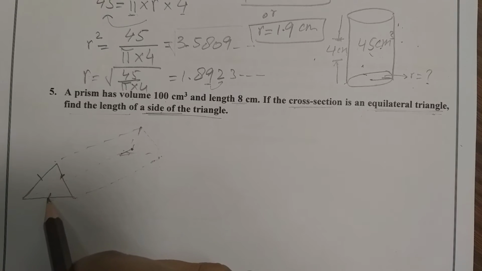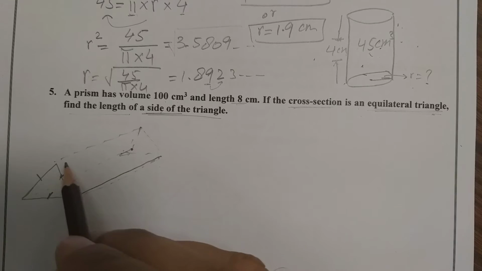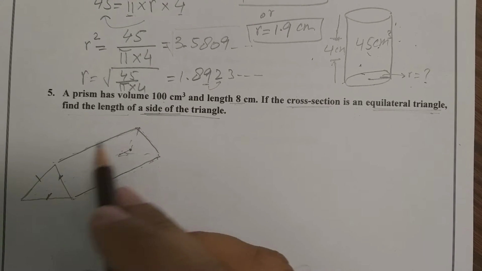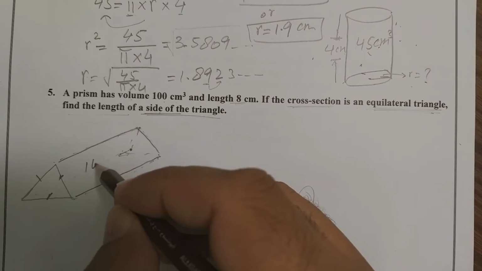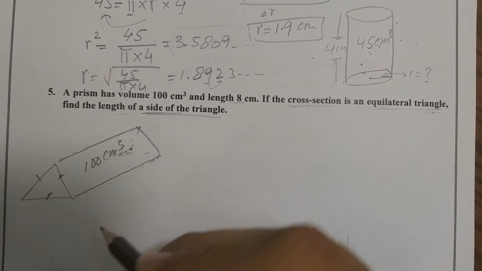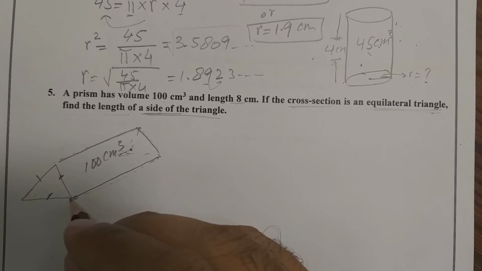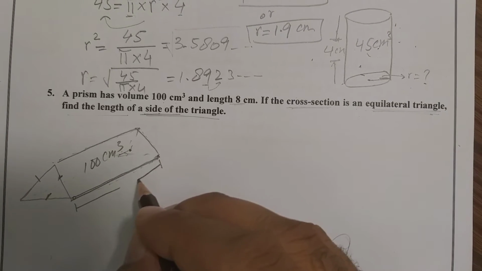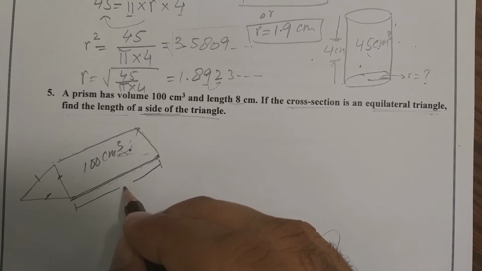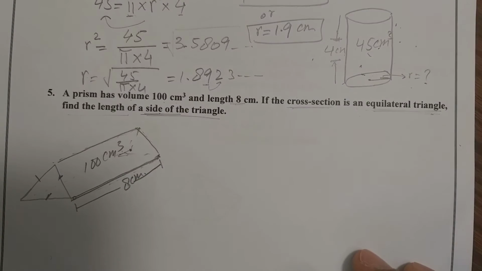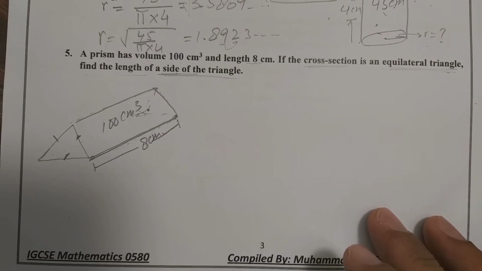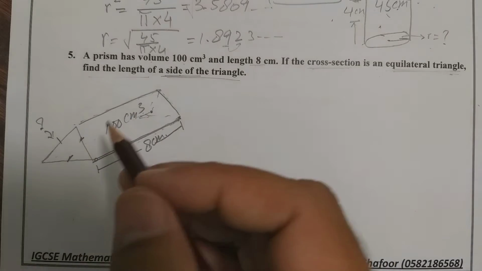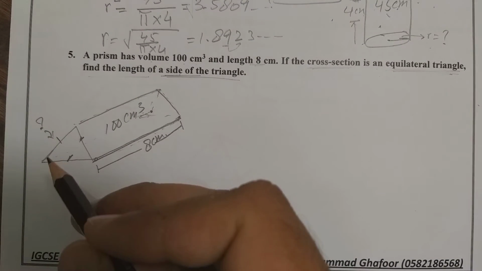These are the sides of the triangle, and this is the length. The volume of this prism is 100 cubic centimeter, and the length, from here to here, is 8 centimeter. We need to find this side. All our sides are equal, so if we find any side, the rest of the sides are equal.